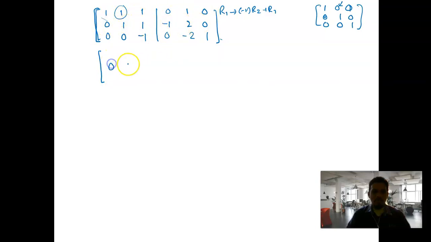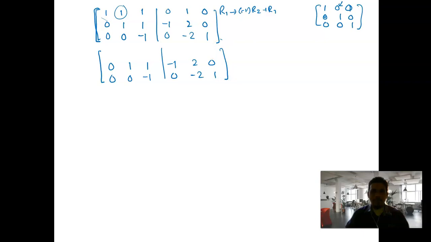So we rewrite the elements in row 2 and row 3. First, 0, 1, 1, 0, 0, negative 1, negative 1, 2, 0, 0, negative 2, 1.